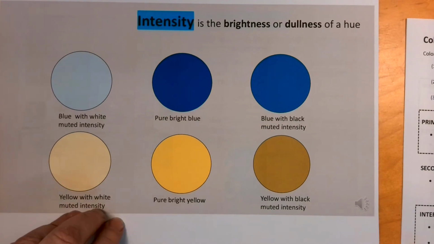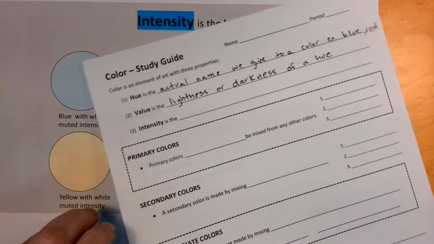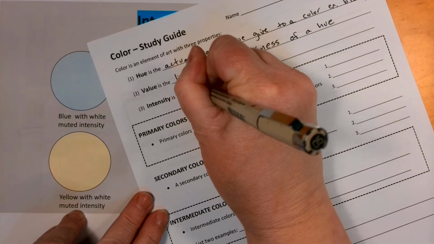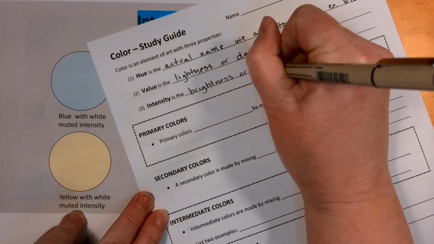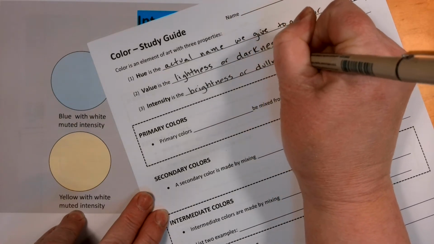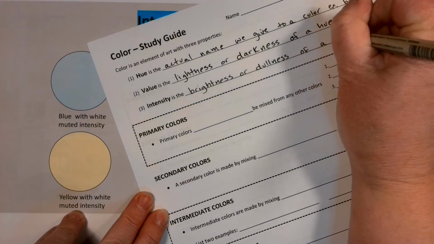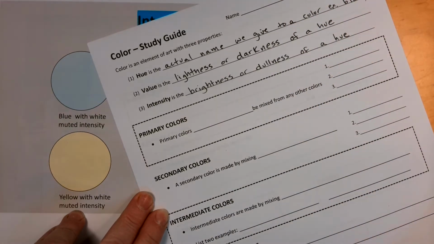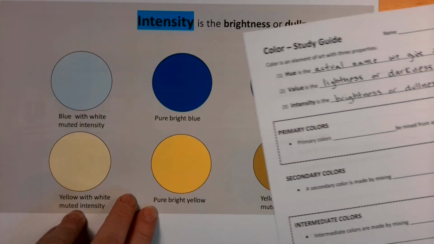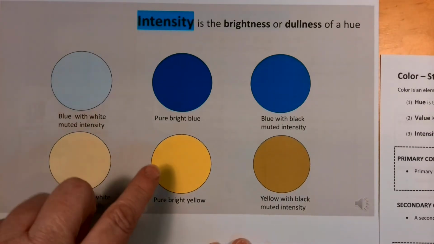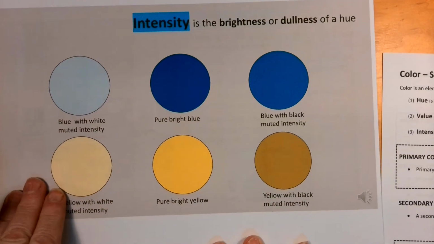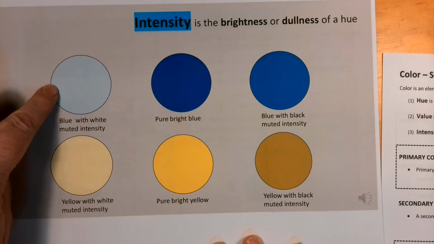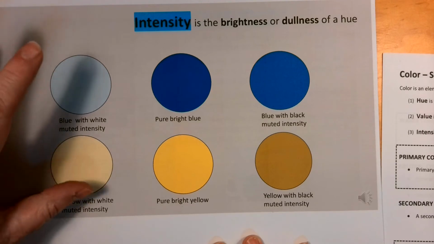Intensity is the brightness or dullness of a hue. So let's write that. Is the brightness or dullness of a hue. And here's what that means. Here we have our pure colors. We have a bright blue, a bright yellow, and when we add things like white to them, we mute them out or tone them down and mute their intensity.